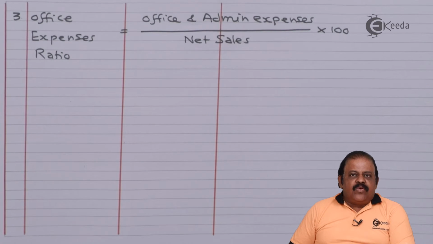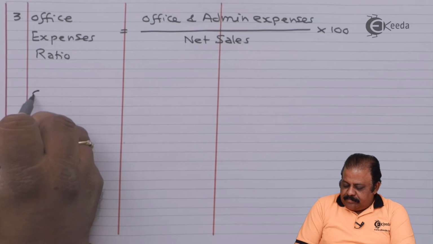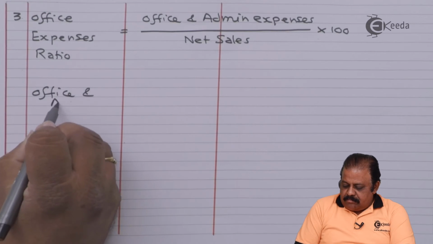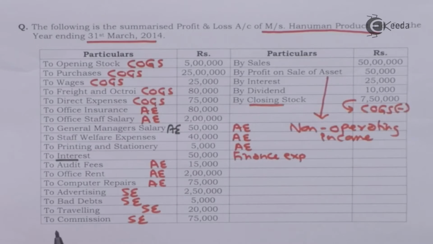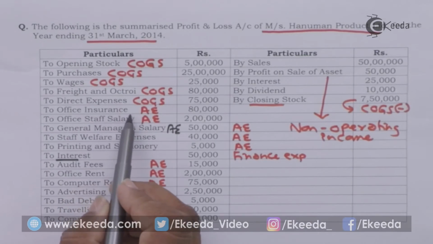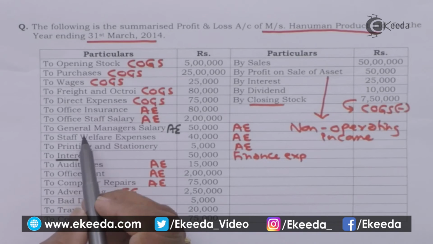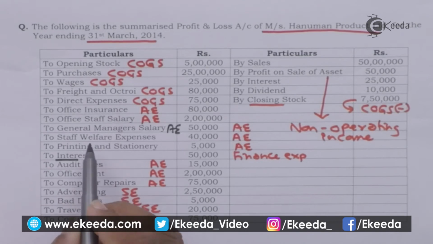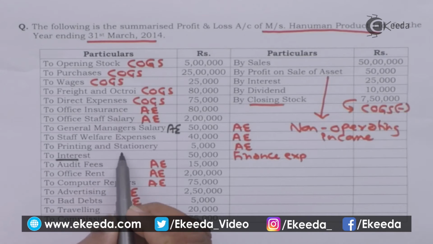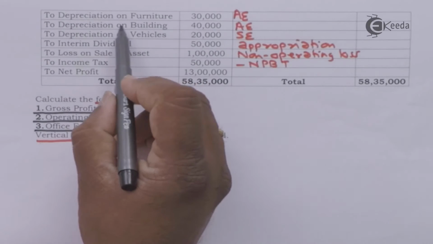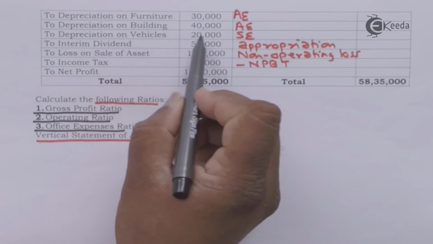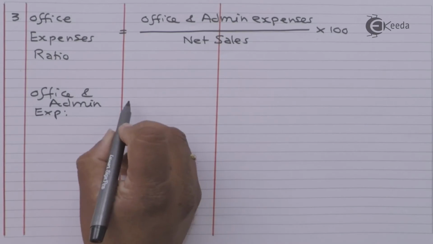Let us calculate first the office and administration expenses. We are required to consider here office insurance, office staff salary, general manager's salary, staff welfare expenses, printing and stationery, audit fees, office rent, computer repairs, depreciation on furniture, depreciation on building.